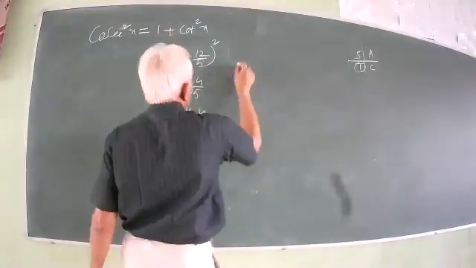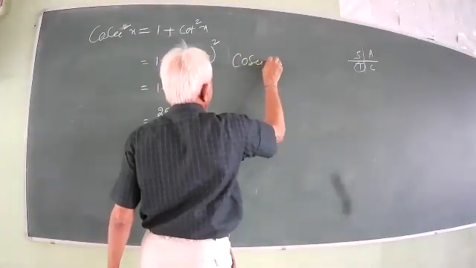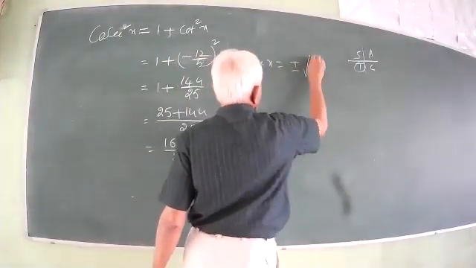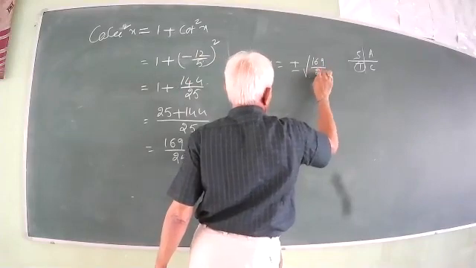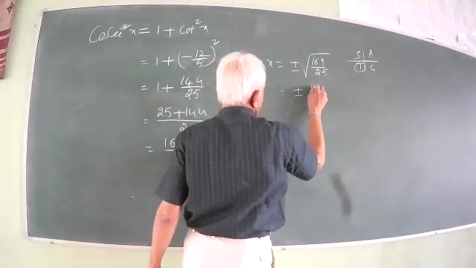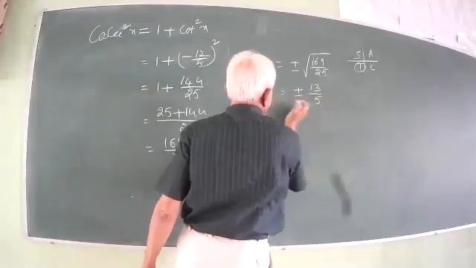And cosecant x is equal to plus or minus root over 169 by 25, which is nothing but plus or minus 13 by 5.